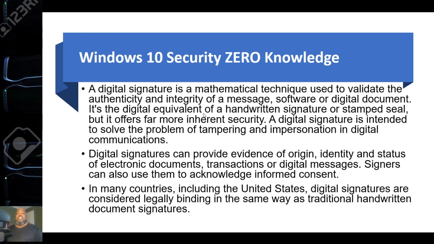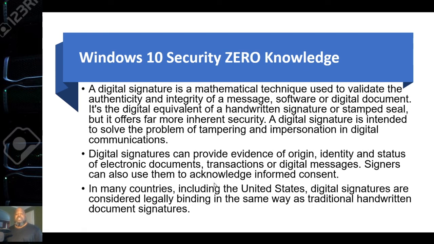a digital signature is a mathematical technique used to validate the authenticity and integrity of a message, software, or digital document. It's the digital equivalent of a handwritten signature or stamped seal but offers far more inherent security. A digital signature is intended to solve the problem of tampering and impersonation in digital communication. It can provide evidence of origin, identity, and status of electronic documents, transactions, or digital messages.